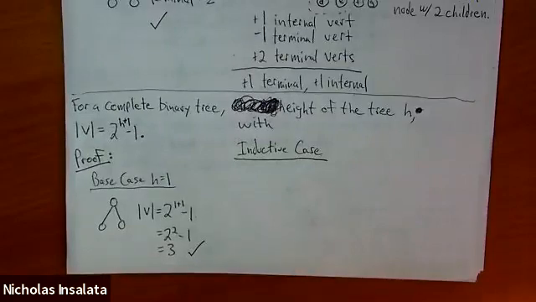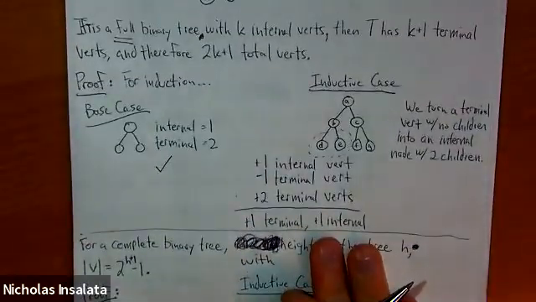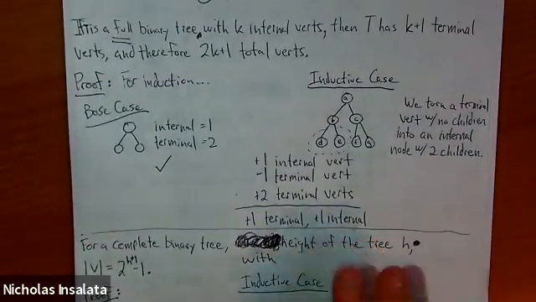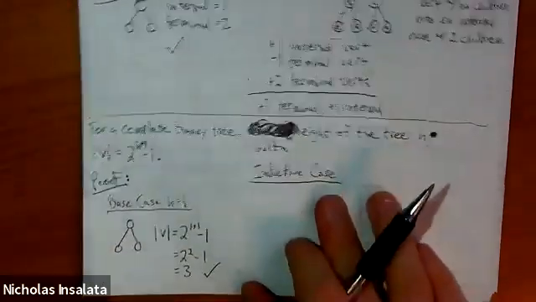So what are we going to do here? Bear in mind, we can use this previous theorem that we proved if it's helpful. Don't know if it's going to be helpful, but it might be.